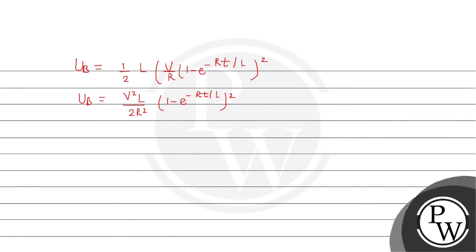So UB is equal to V square L by 2R square times 1 minus e to the power minus Rt by L, whole square. This is the value of UB and we have to find its rate, so this is d over dt of UB.